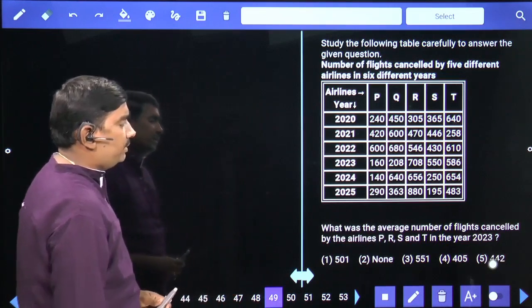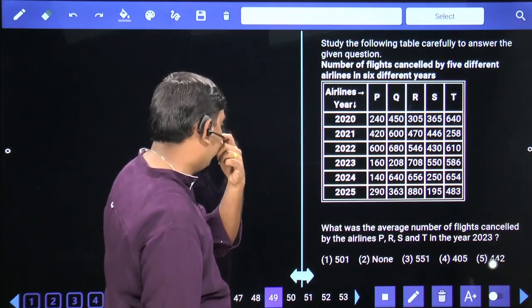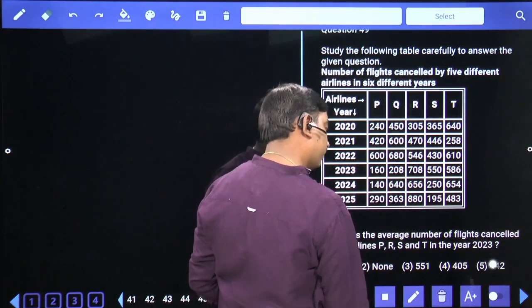What was the average number of flights cancelled by airlines P, R, S, T in 2023? P, R, S, T except Q in 2023.